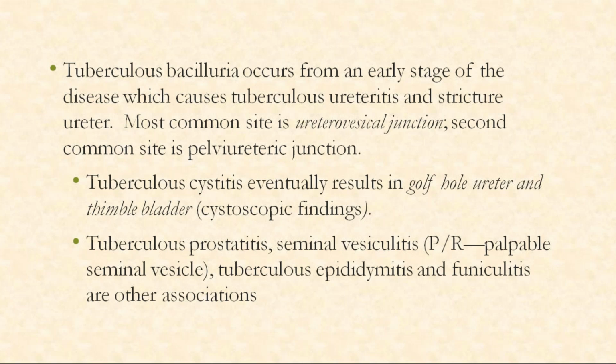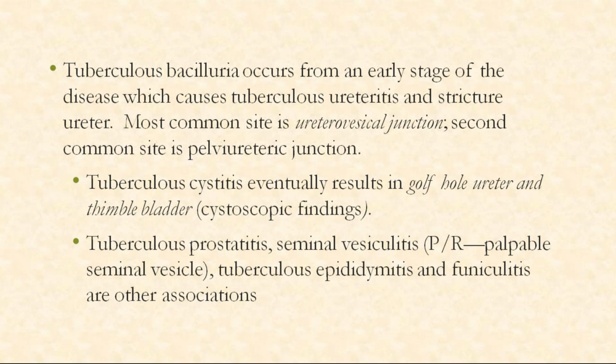Next, these tubercle bacilli enter the ureter, which causes tuberculous ureteritis. Ureteritis means from the renal papillae and renal pelvis it enters the ureter and produces tuberculous ureteritis. Once ureteritis occurs, ultimately strictures may develop. Once strictures develop in the ureter, they produce hydronephrosis.